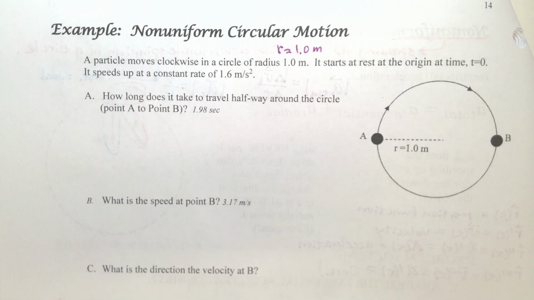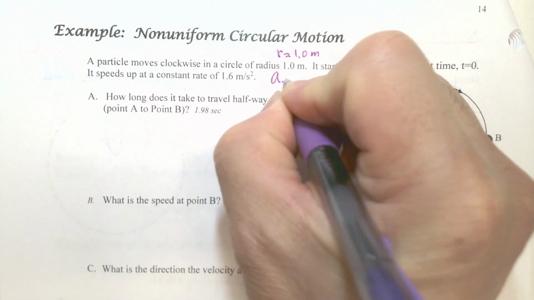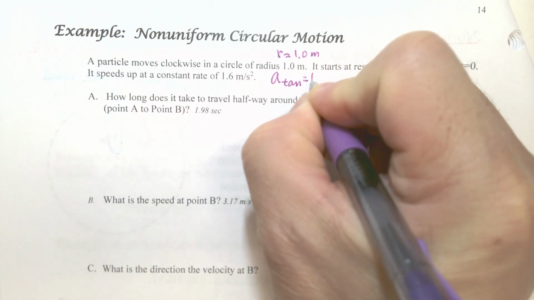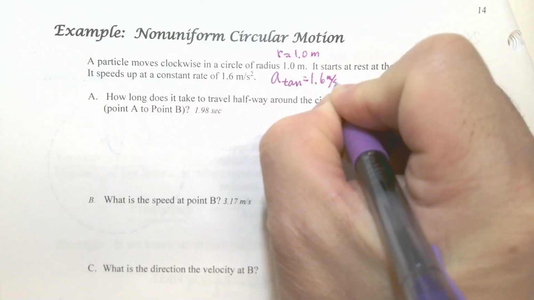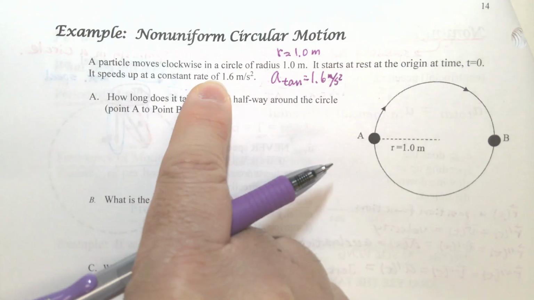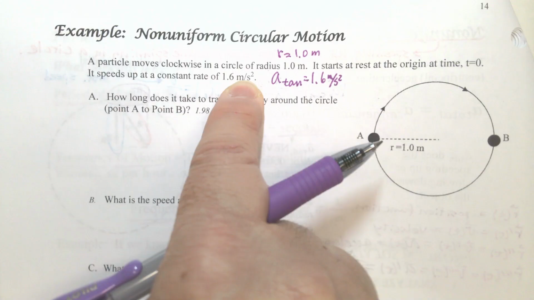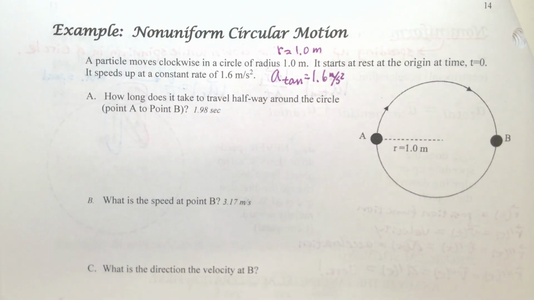What else? A tangential. What's my a tangential? My a tangential is 1.6 meters per second squared. It tells us that it speeds up at a constant rate of, and just by looking at this unit, you should definitely tell that is an acceleration. What else do we know?